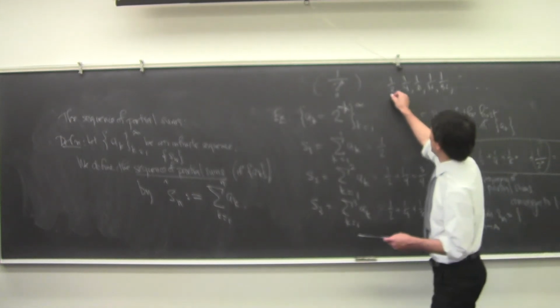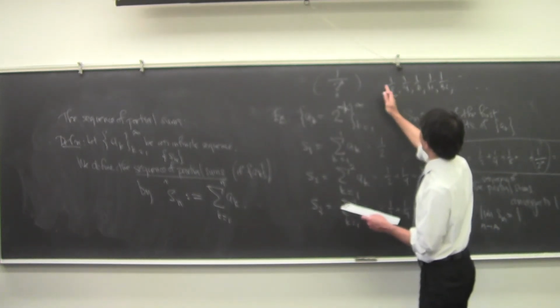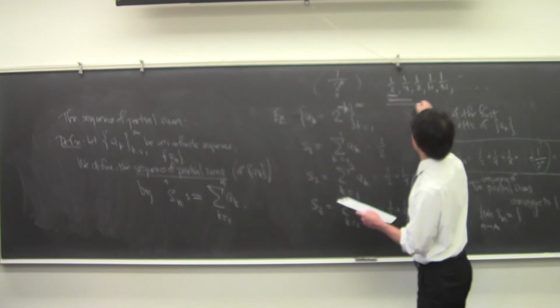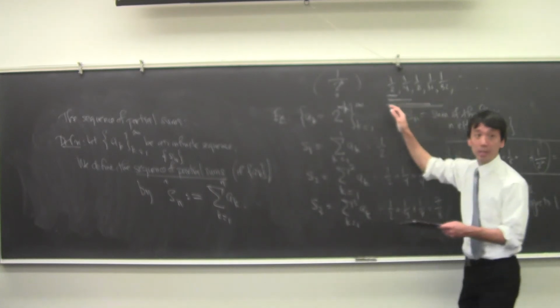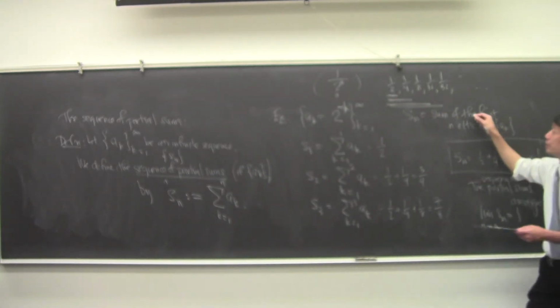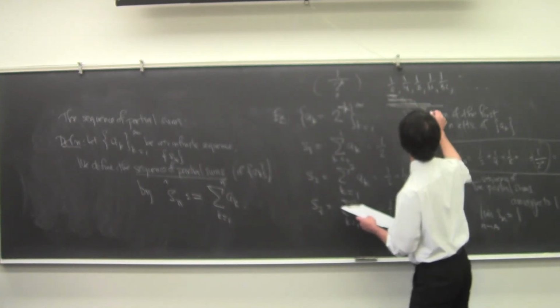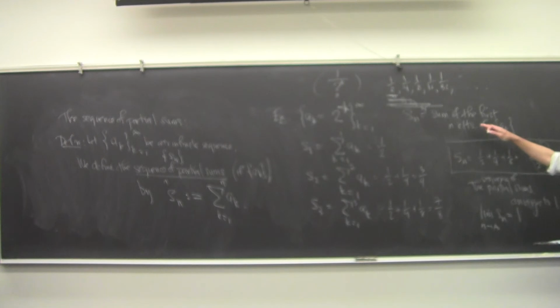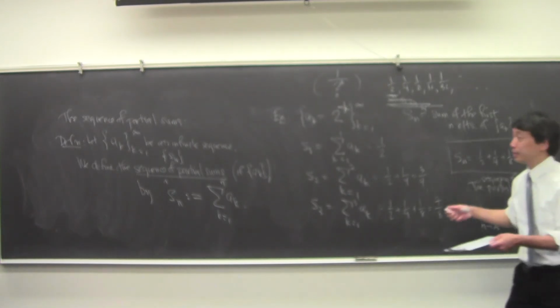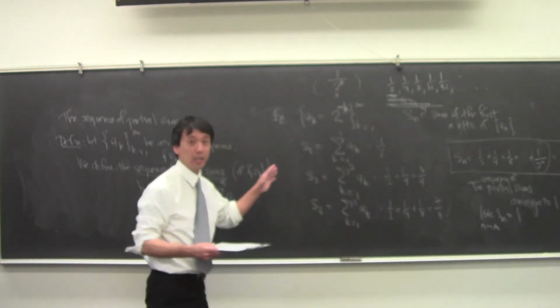Let's sum the first term, the first 2 terms, the first 3 terms, the first 4 terms, et cetera. This is called S1, S2, S3, S4. And what we see is that the sequence of partial sums converges to 1.